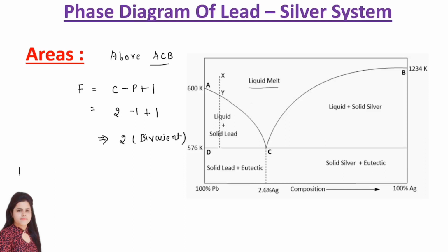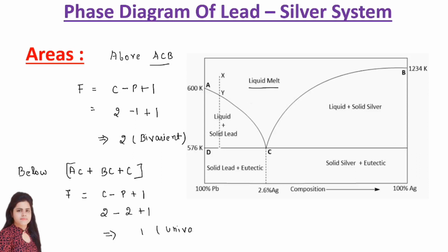Then we have the area below AC, below BC and below C, the remaining area. Here according to this equation, components are again 2 and phases are 2, plus 1. So it comes to 1, which means it is also univariant.